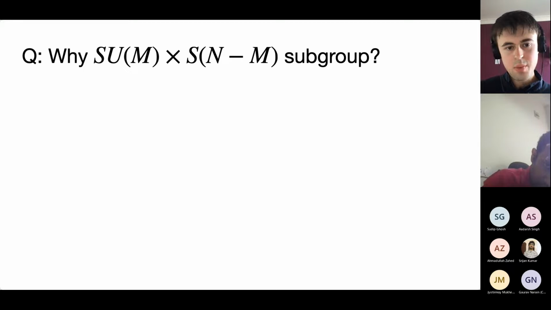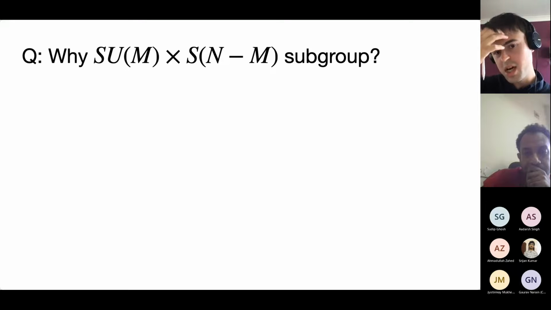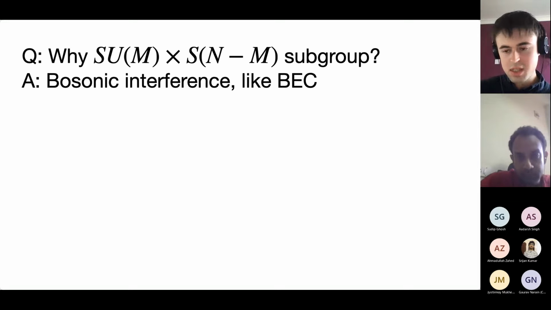So before we go on to discuss new work, there's a couple of natural questions that might have occurred. One natural question might be, why does the entire SU(m) subgroup deconfine rather than something more arbitrary without the symmetry? And the answer is actually bosonic interference, and it works for the same reason that a condensate forms in a Bose-Einstein condensate.